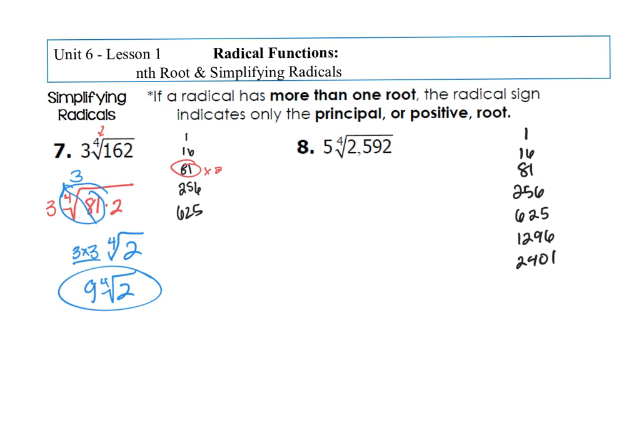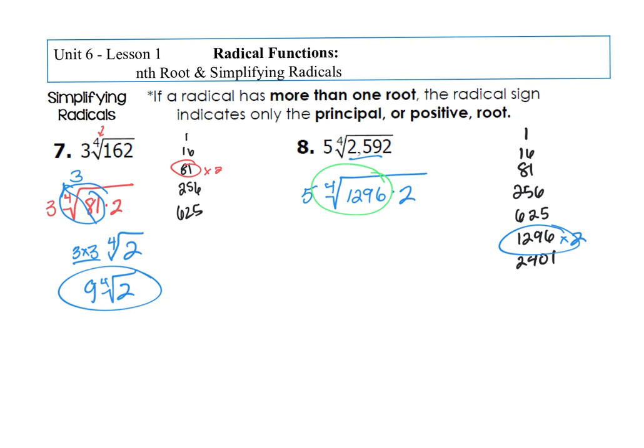Okay, number 8, we have 5 times the fourth root of 2,592. And half of 2,592 is 1,296. Okay, so we already have our perfect fourth again. That was a little too easy, if you ask me. So I'll write this as 5 fourth root of 1,296 times 2.